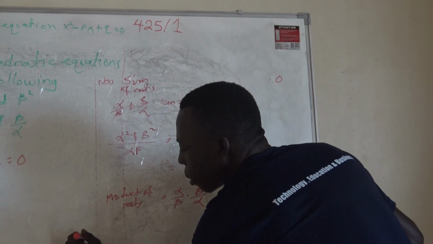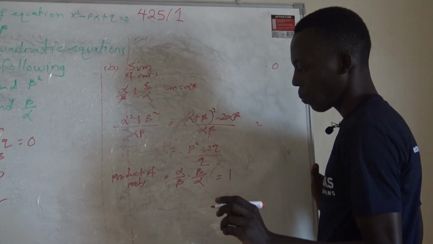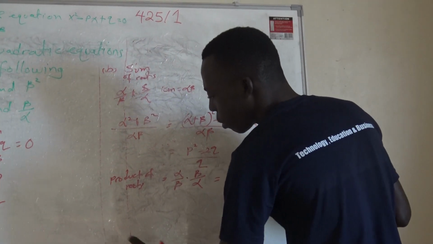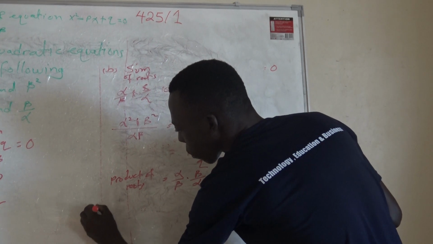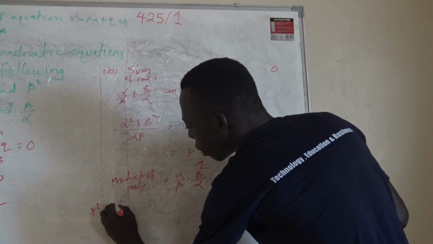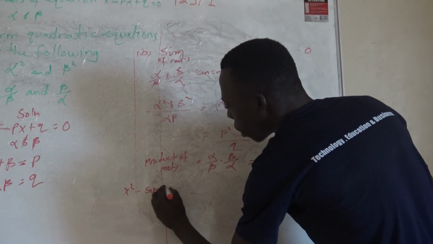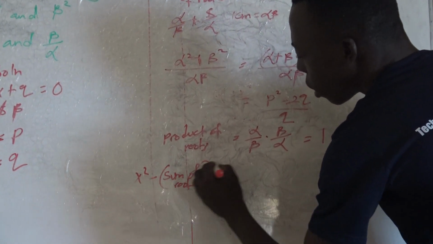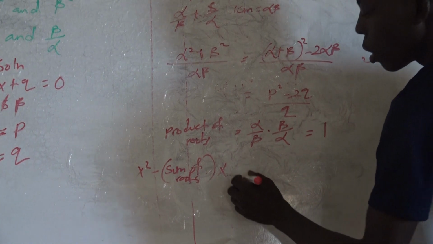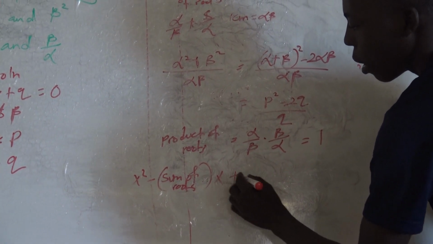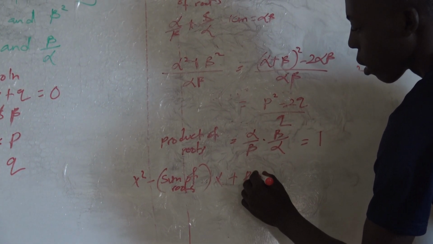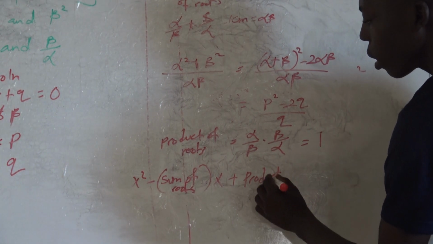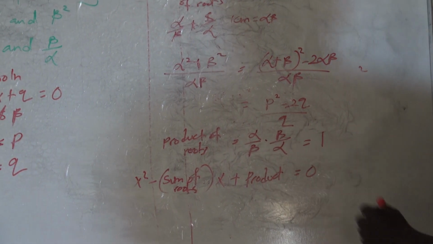So we know the general quadratic equation is given by x squared minus the sum of roots times x, plus the product, must give us 0.